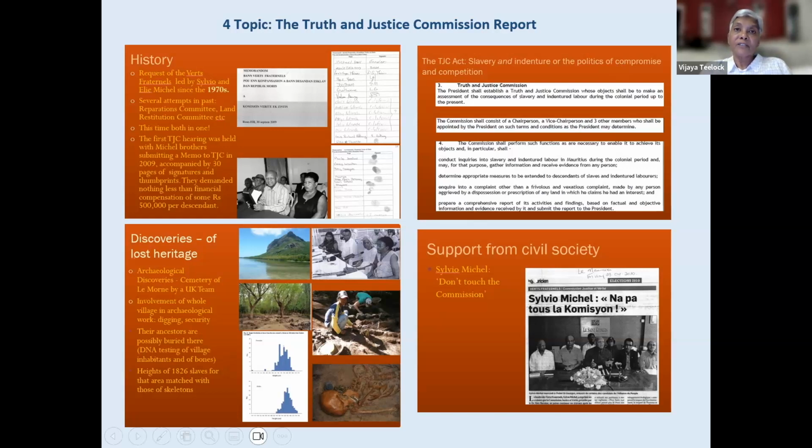It lasted 2 years. We asked for an extension of 6 months and obtained it. We knew 2 years was not enough to study, of course, the consequences of slavery and indenture, and to study the hundreds of cases of land dispossession that we were confronted with.